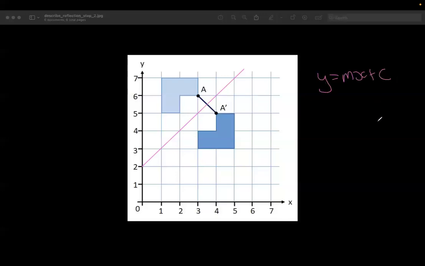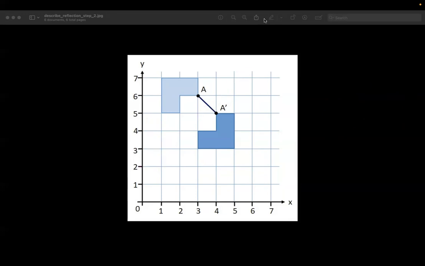What's c? It's +2, right? This is +2. What's the gradient of this line? It's 1 again, right? It goes up 1 over 1. So y equals x plus 2. This is the equation of my mirror line or my reflection line.